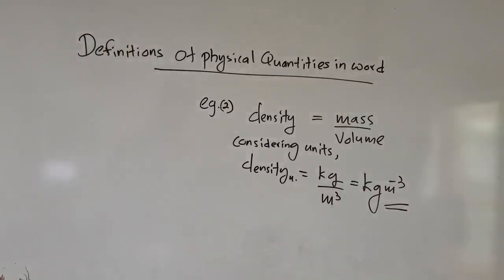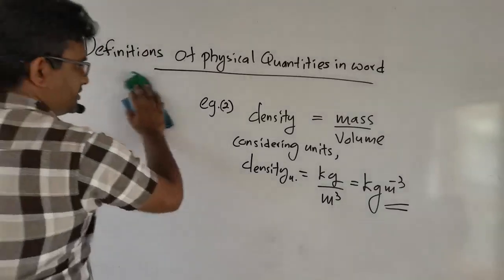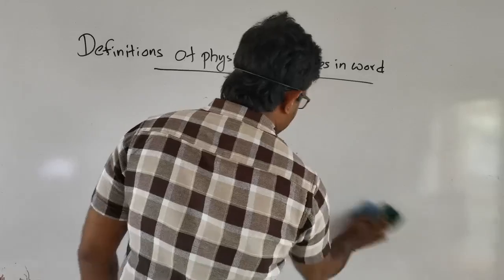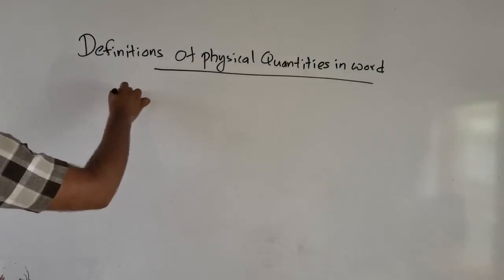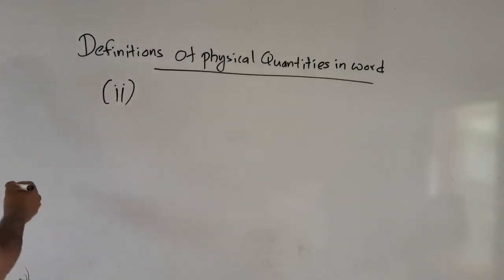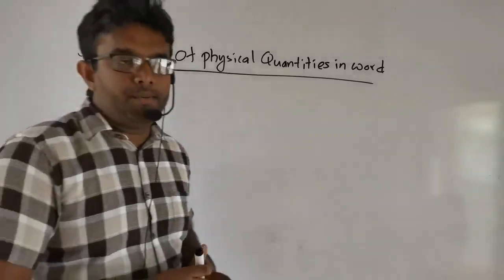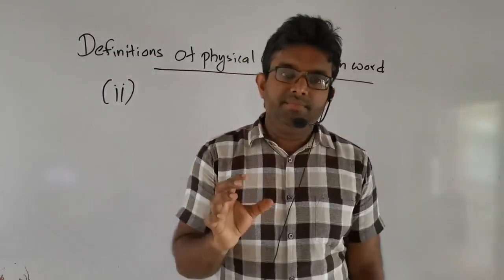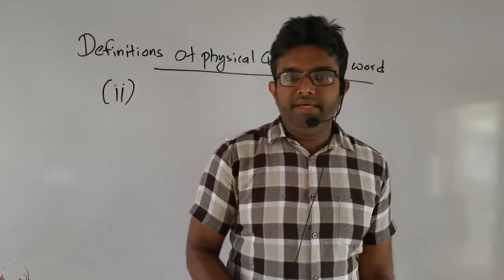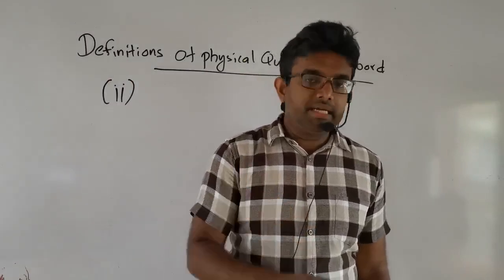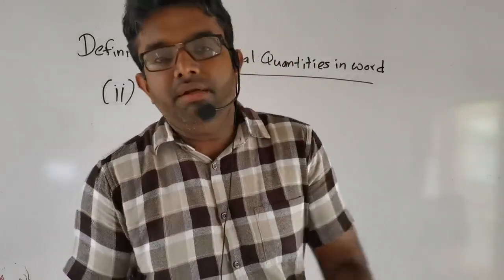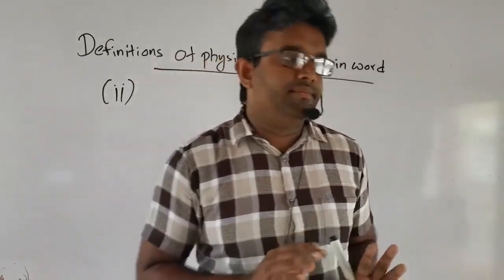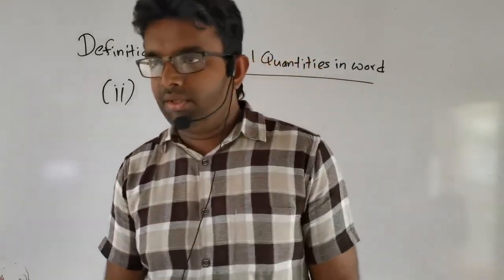Right. Then second thing regarding these definitions in words. So second one, Roman number 2. Sometimes in word definitions, we have the term rate. Rate means we need to divide by time always, right? If the word rate is given in the definition, we need to divide by time. Okay, write down.